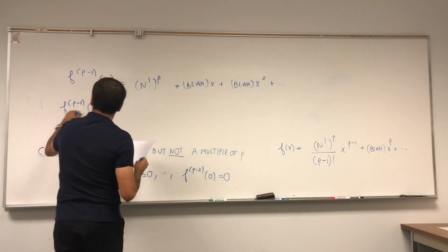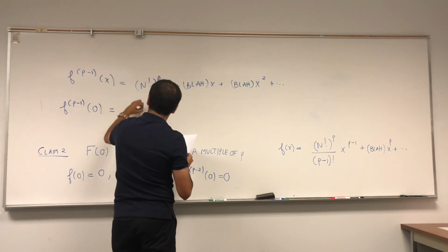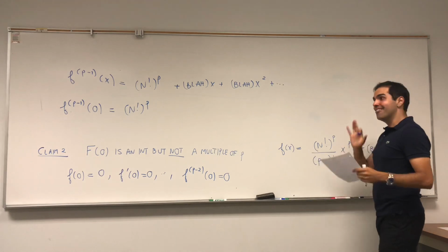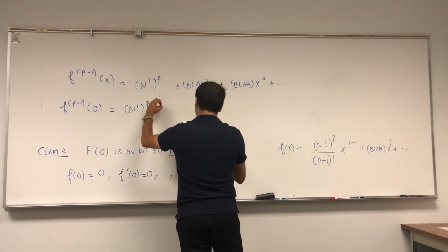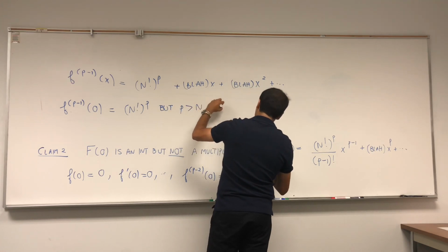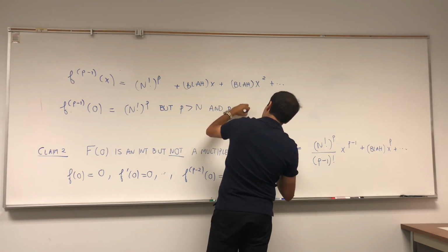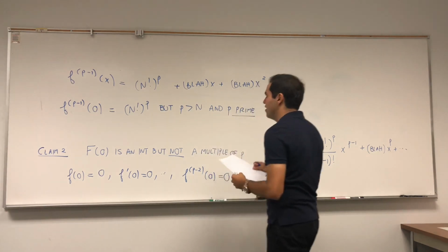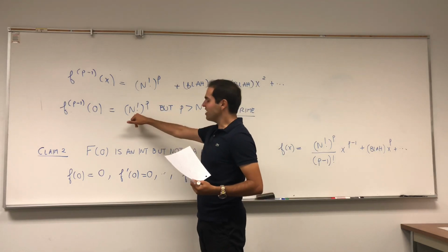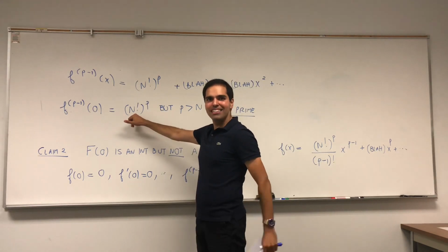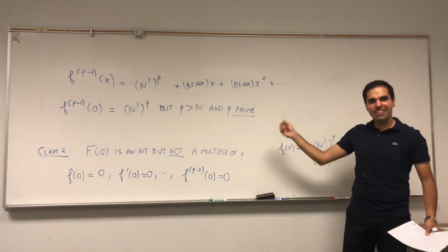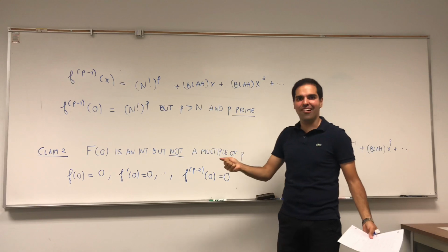So f to the p minus 1 of 0 is n factorial to the p. However, remember that p was huge. P is greater than n, and p is prime. So in particular, we have factors n times n minus 1, etc., that are smaller than p. So in particular, p cannot divide this at all.